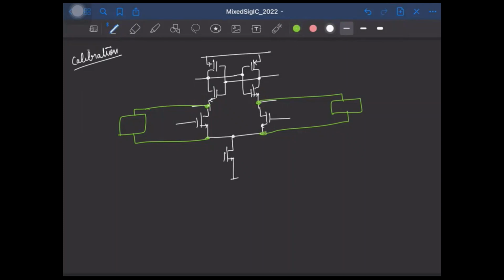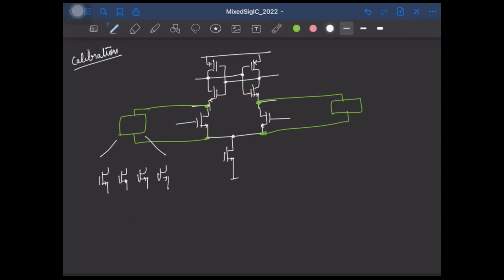Inside this block, we can have a structure like this, where we have multiple transistors. They'll take in currents, and we can turn them on or off depending on the mismatch we have. So overall we have an optimal number of current sources on either side, so that the currents flowing in these two branches are made equal.